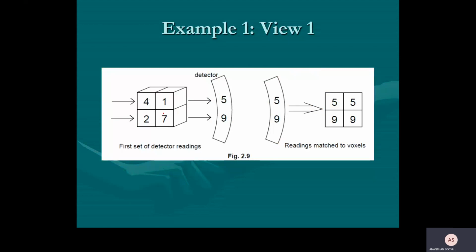Maybe 7 is bone. You are lying down and they shine from the side. It passes through maybe the backbone, which is 7, where the X-ray is absorbed the most. The soft tissue absorbs little. The more X-ray absorption, the higher the pixel value.